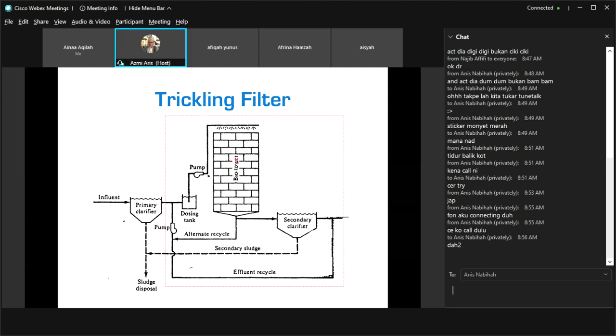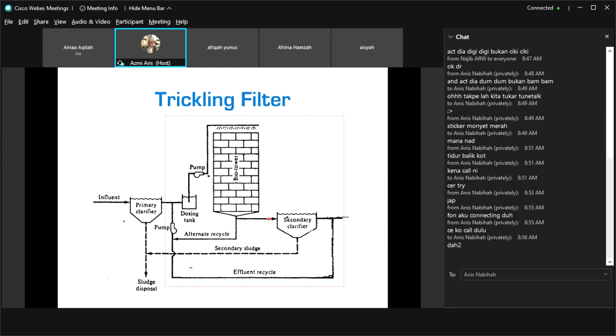The wastewater that passes through the media is either recycled back at the bottom here, as you can follow my laser, pumped back into the dosing tank, and then pumped again up into the trickling filter.